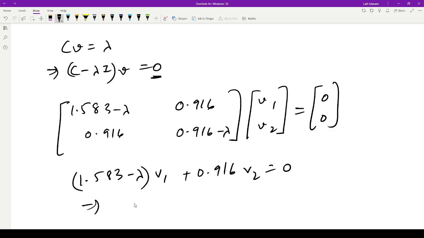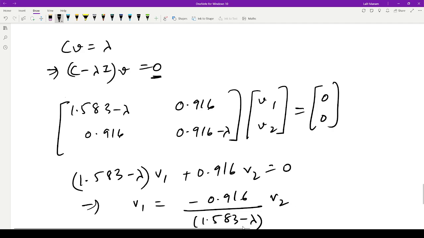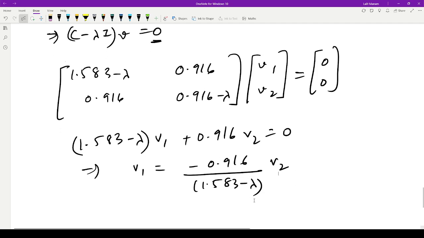So now you can write it as v1 equals minus 0.916 upon 1.583 minus lambda times v2. So when you want to get the corresponding eigenvector for lambda 1, just place lambda 1 here.